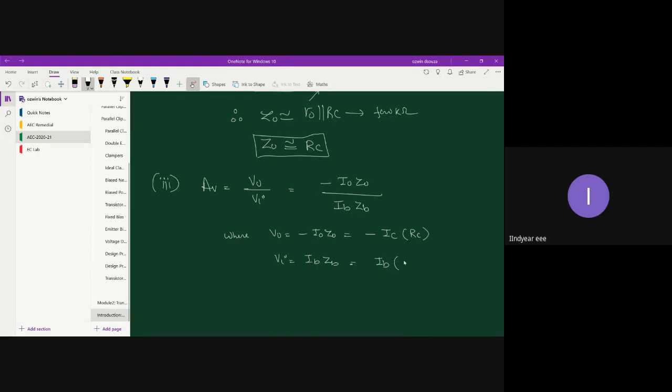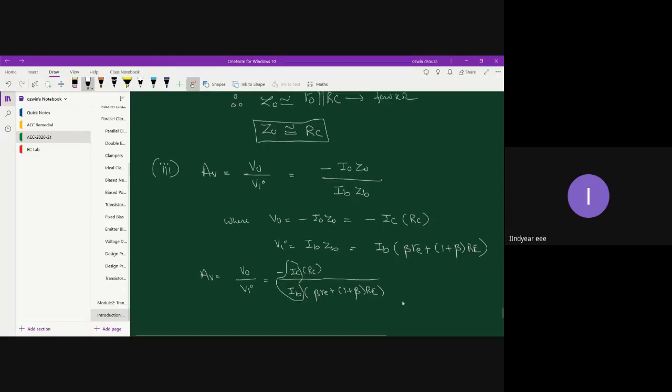What is ZB? You remember in the beginning, we have written an expression for ZB. That is beta times small re plus 1 plus beta times capital RE. So now let us take out the ratio. V naught by Vi is equal to negative IC into RC divided by IB into beta re plus 1 plus beta times capital RE. You can take out this ratio IC by IB as beta.